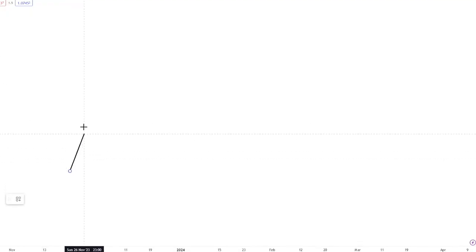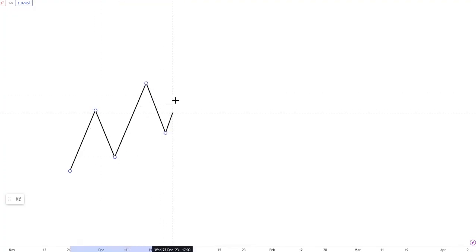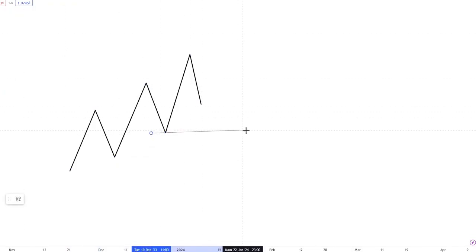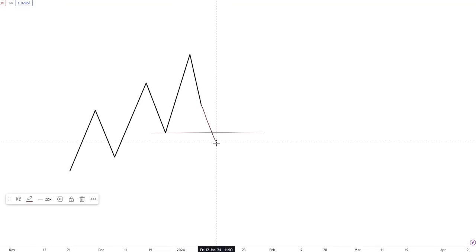So let's say price is bullish. If you're targeting your swing lows in a bullish trend, you can expect price to come down here, take this level out, and continue higher.